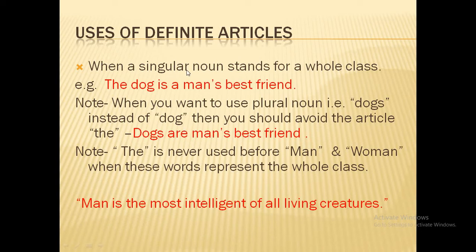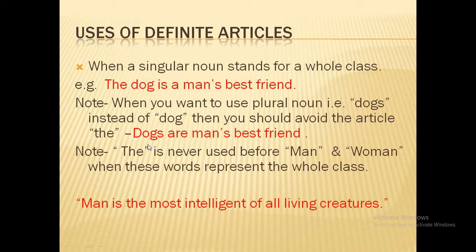So here in this sentence, when a singular noun is referring to the whole species, it should always have the definite article the, as in the dog is a man's best friend. That means every dog is a man's best friend. This species is very loyal and honest.